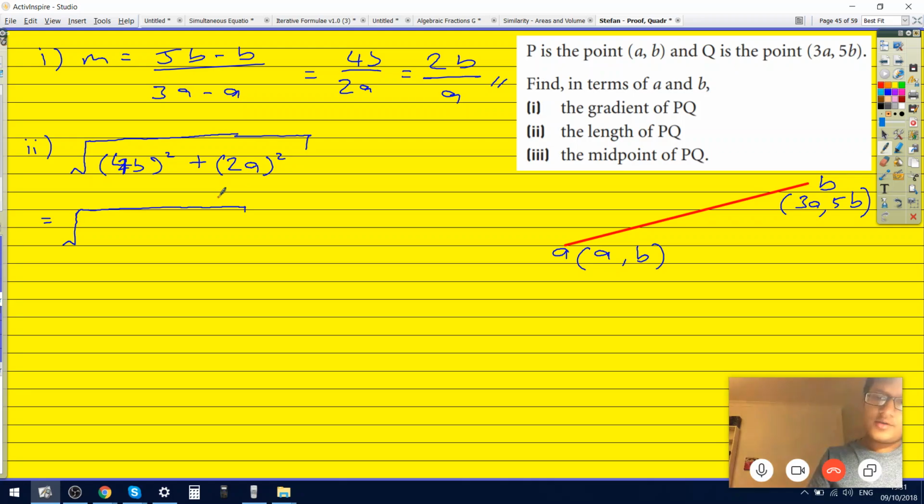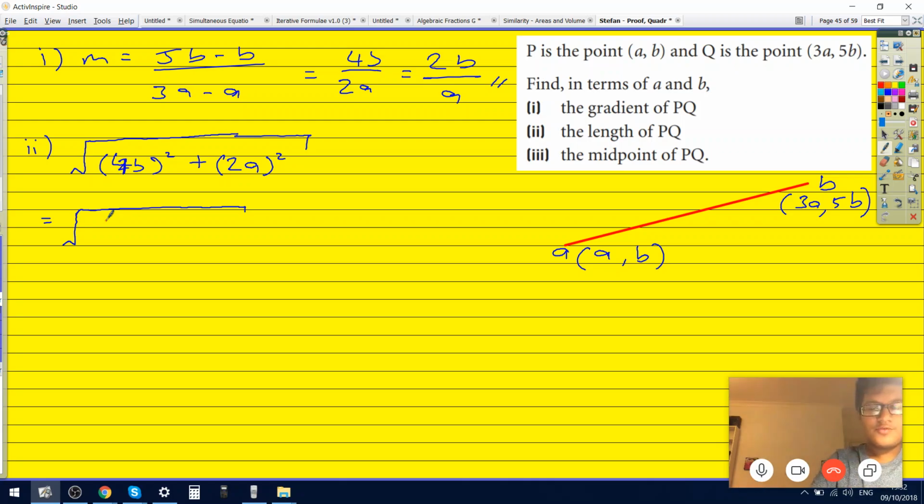Okay, so yeah, it would just be the root of... And so what is 4b squared? Uh, 2b. 4b squared?